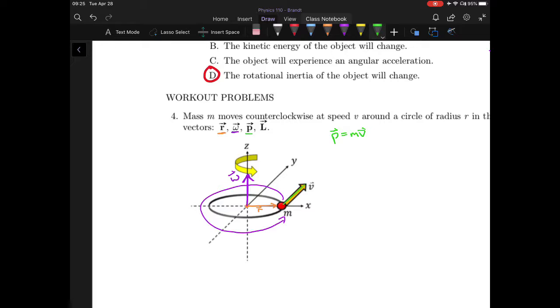Velocity is pointing straight this way, then our momentum is going to point straight that way as well, the direction of linear motion of our object. And then lastly, we have L, and we know L equals I omega, so the direction of L is also the same as the direction of omega. So there's L.